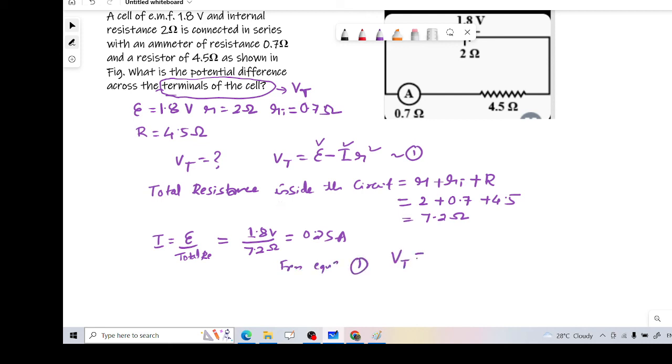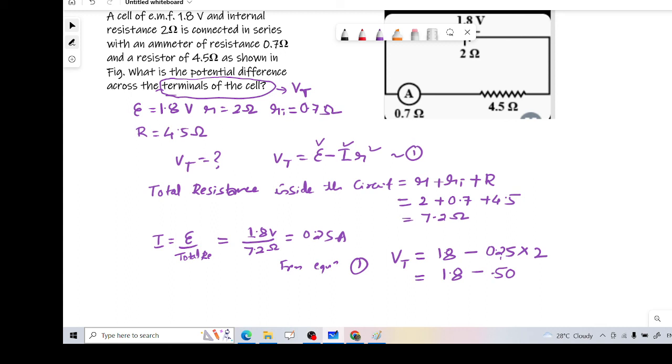we can directly substitute: Vt is equal to EMF 1.8 volt minus the current, which is 0.25 ampere, into the internal resistance, so small r is 2 ohm. So 1.8 as it is, 0.25 into 2 is nothing but 0.5.